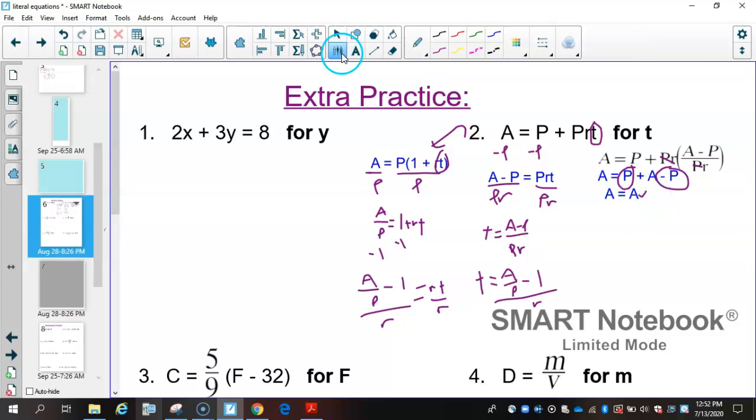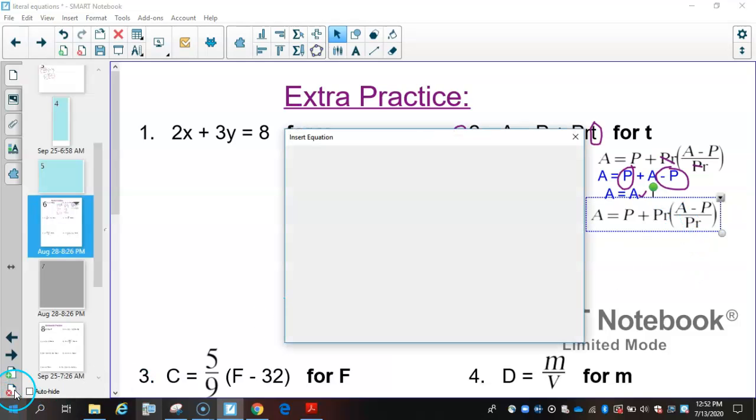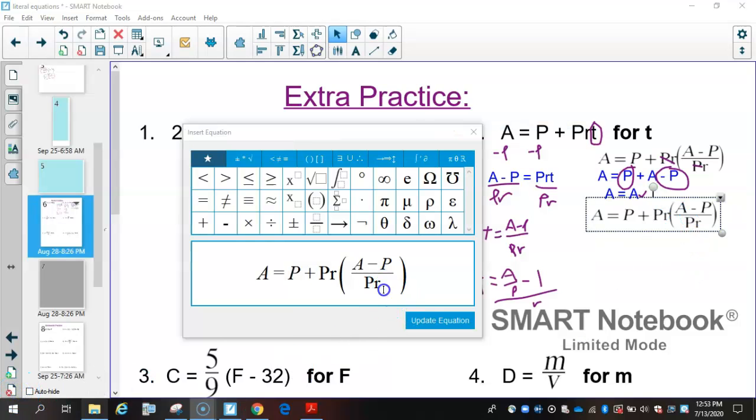There we go. And now I'm going to go ahead and do the second double check with this version. It's going to look a little different. I need to change this up a little bit.